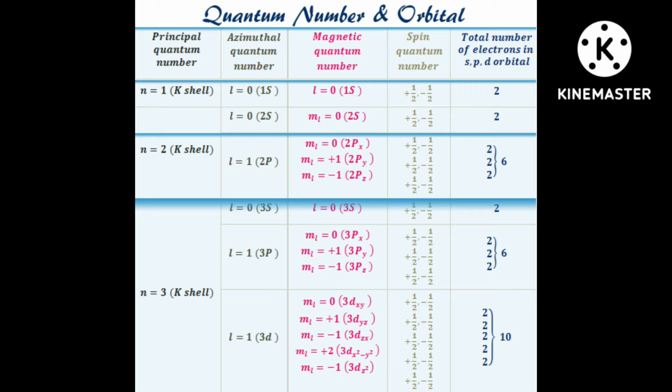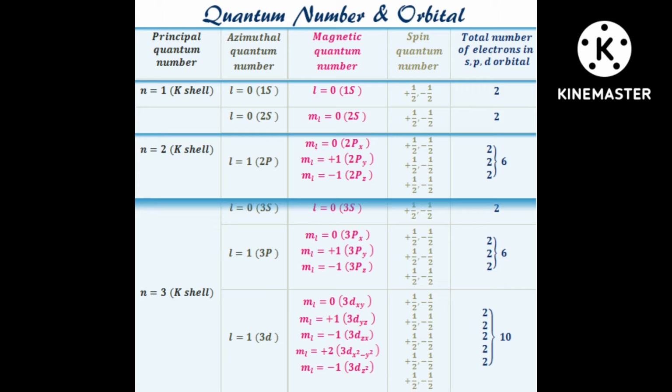Atomic orbitals are precisely distinguished by what are known as quantum numbers. Already I told you, a quantum number is just like an address to find the orbital in which the electron resides. Correct? Or you can say a quantum number is an address to find the electron in three-dimensional space in an atom.